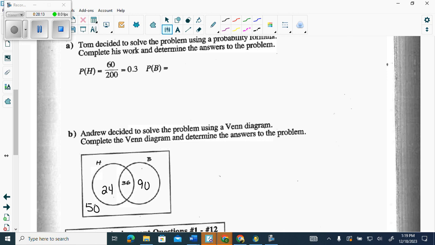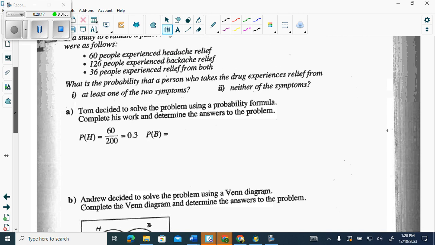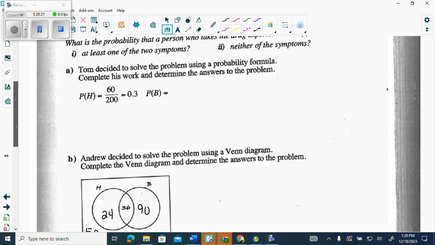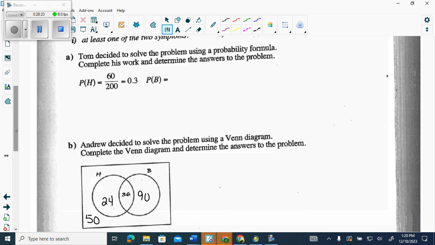Now we should be able to answer any questions that's given to us, right? So here, it said, what is the probability that a person who takes the drug experiences relief from at least 2 symptoms? That's 2 or more, correct? Which numbers would we add together for at least? In this case, there's 2 circles. The 36. It says at least 2 symptoms, right?